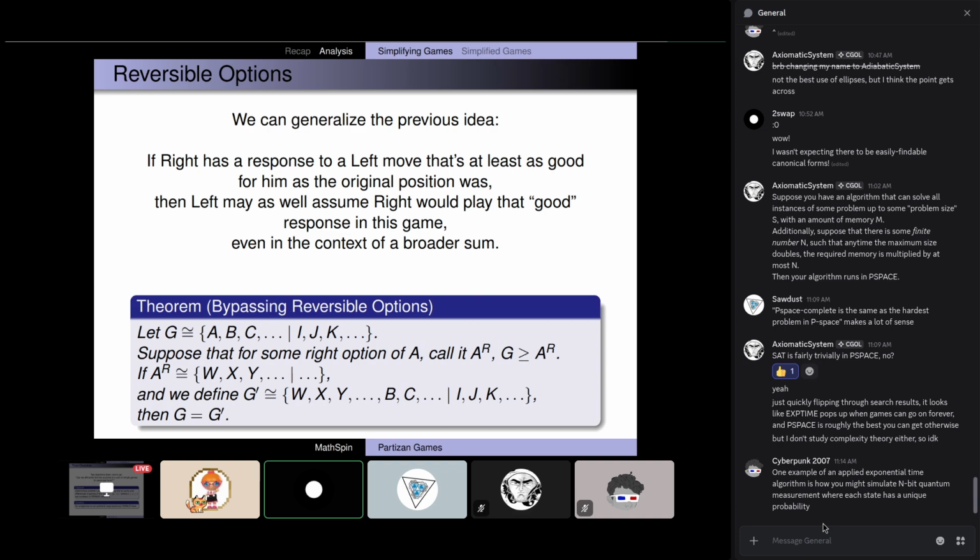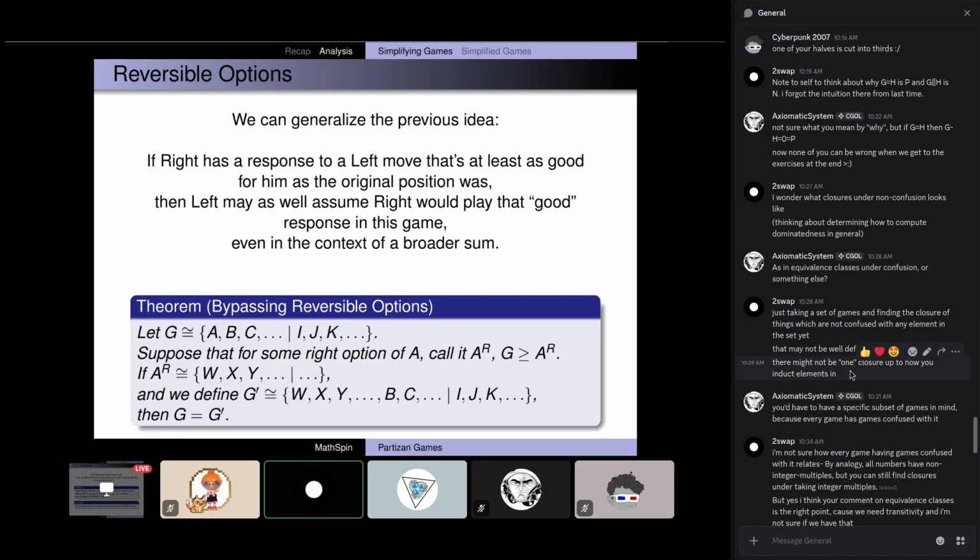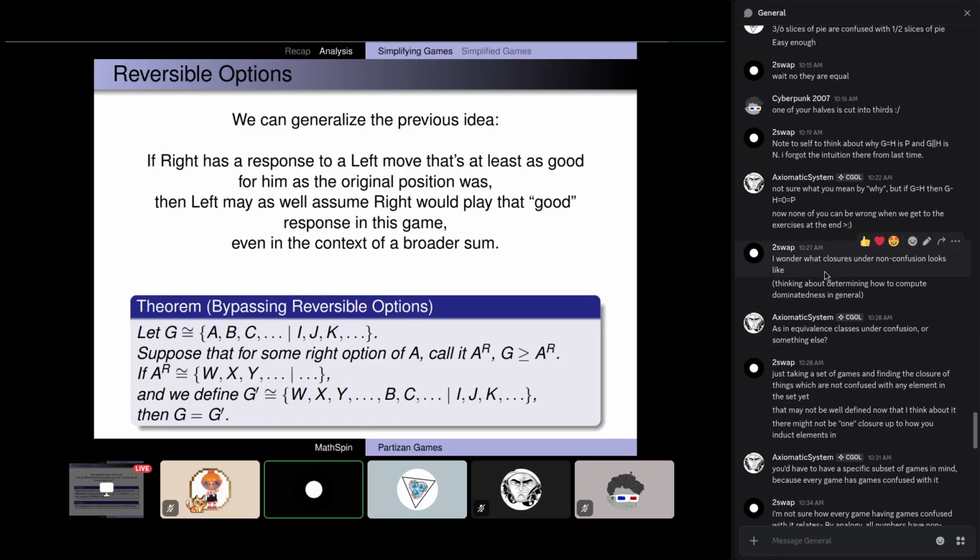I'll go ahead and say the question that I asked above. I think I figured out the answer, but I said I wonder what closures under non-confusion look like, and by that I meant if we take the closure of some game under all of the things that are not confused with elements that are yet inducted into our closure set, what would that look like?